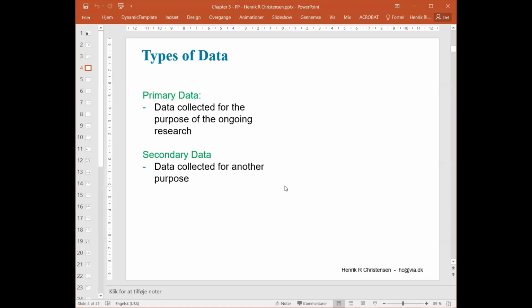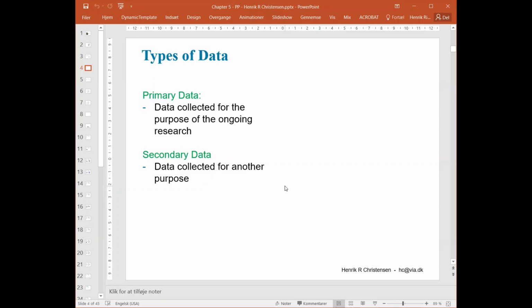They are not specifically with the intention of understanding the satisfaction of our employees, but they might give us ideas about how to understand our own data afterwards. So primary collected for the purpose of the ongoing research, our research.